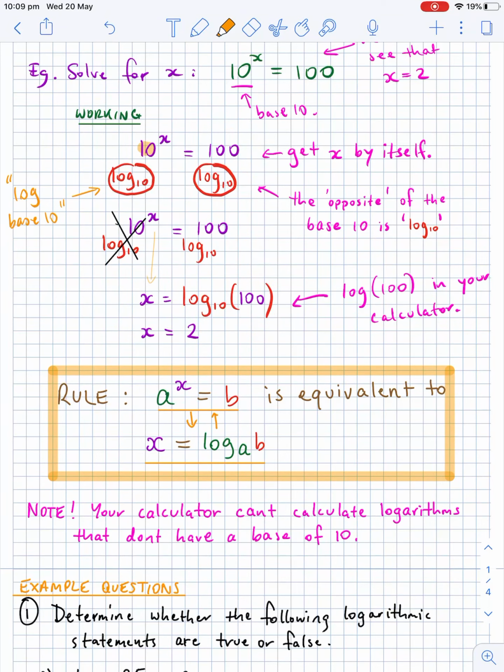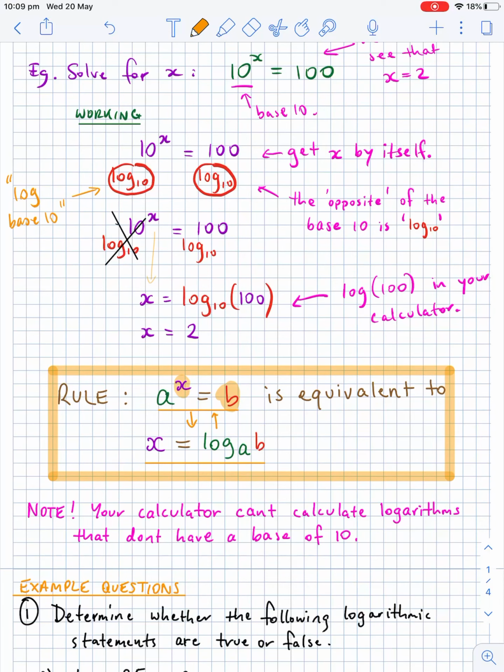The general rule of thumb is that your a, which is your base, is going to be the small letter next to your log. Next, your power is going to end up being the subject, the value by itself, and the b, which was originally the subject, is going to come after your log.